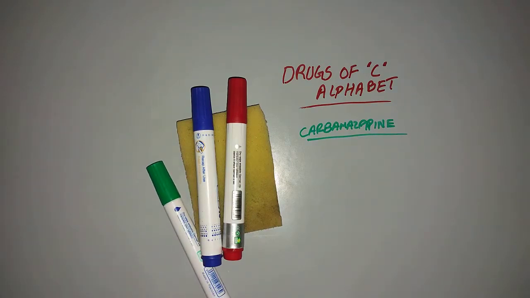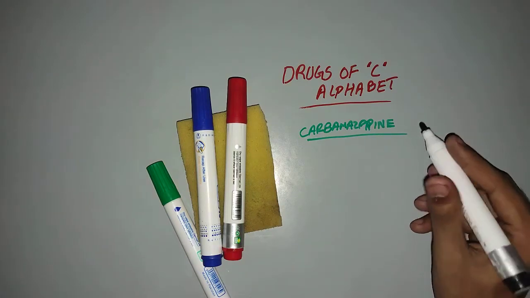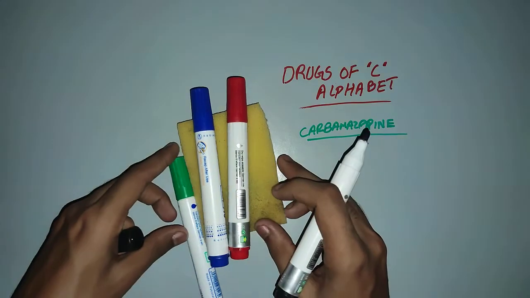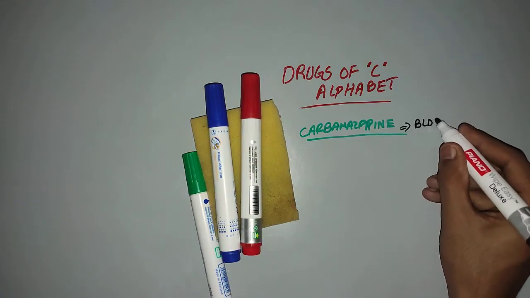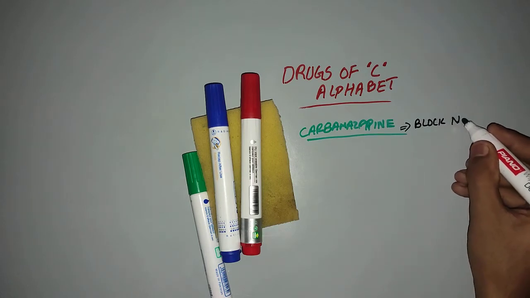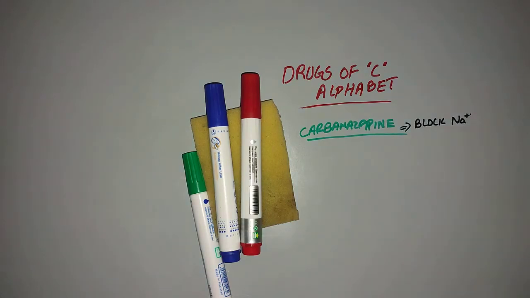What is the mechanism of action? In seizure, there is increased excitation in the CNS. So we have to decrease that abnormal excessive CNS excitation. So this drug blocks the sodium channel in neurons. So it is used to decrease the excitation.